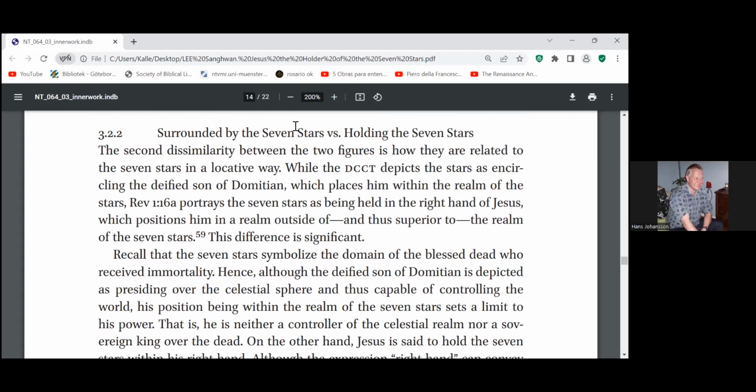Surrounded by the 7 stars versus holding the 7 stars. The second dissimilarity between the 2 figures is how they are related to the 7 stars in a locative way.